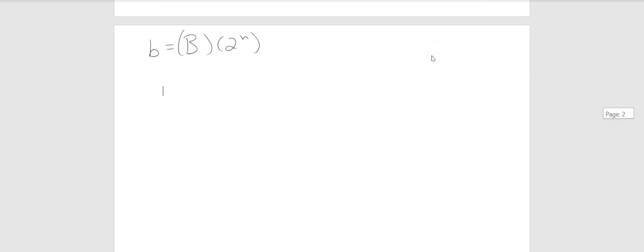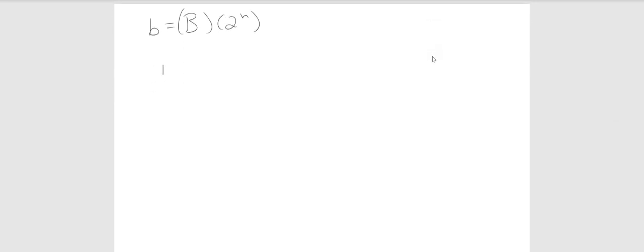So remember, the overall equation b equals big B times 2^n. Now, in order for this to make any sense, we need to know what those variables mean. And sometimes it's actually even just easier to write the variables instead of the equation. So little b was the number of cells after growth.